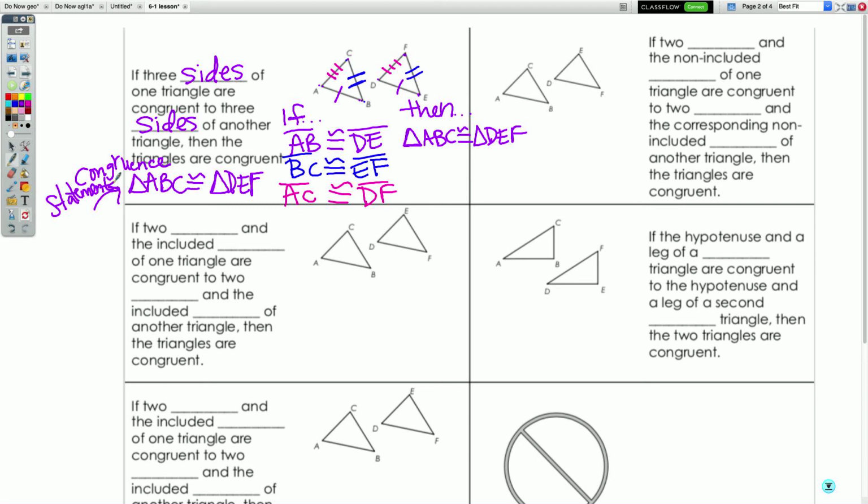Okay, we're going to move down to the tab underneath, which is what? What's my next one underneath? Side, angle, side. Very good. Okay, so just looking at my front tab, it says congruent statement.